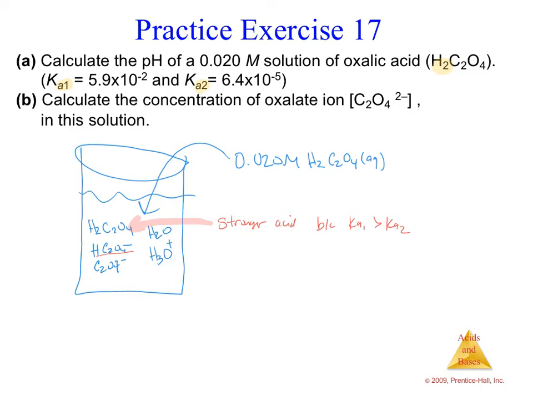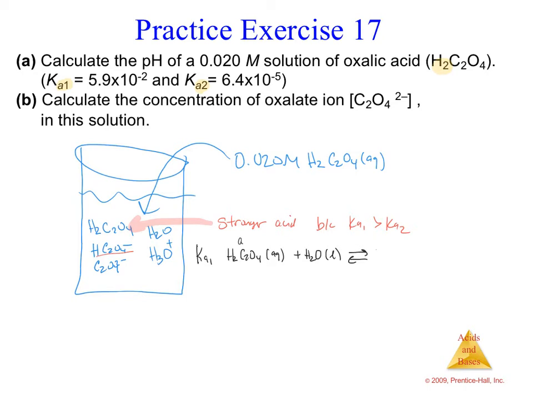The first thing we should do is write down our two Ka reactions for this acid. For Ka1, I always start with the fully protonated acid, H2C2O4 aqueous. My Ka reaction is reacting with water. These are always hydrolysis reactions, and they are equilibria.